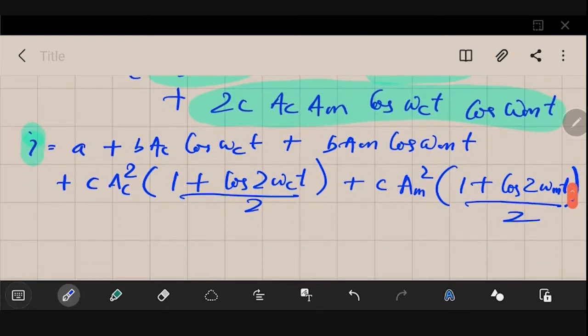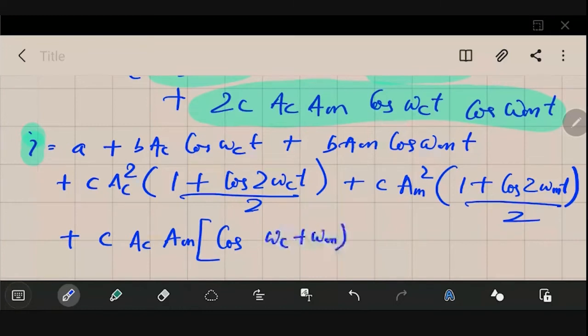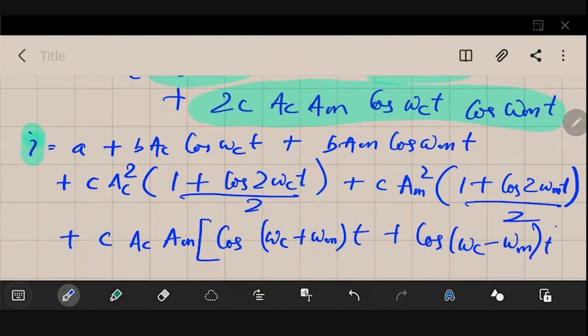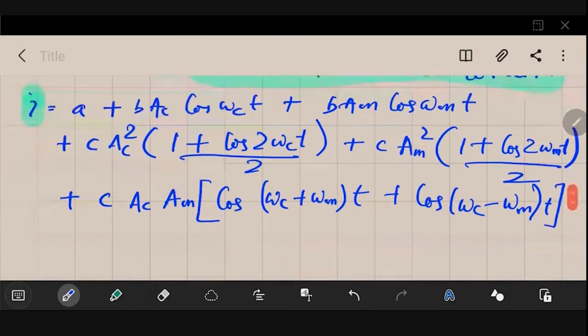So here I will get C AC AM outside, and in the bracket I will be writing cos omega C plus omega M t as one term, then that plus cos omega C minus omega M t. Okay, so these are the terms I will be getting.